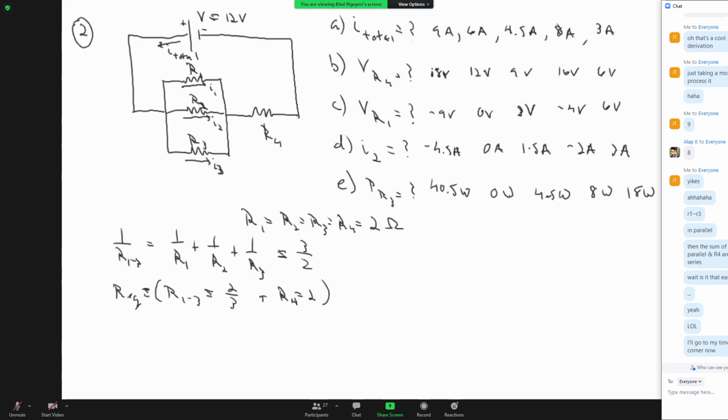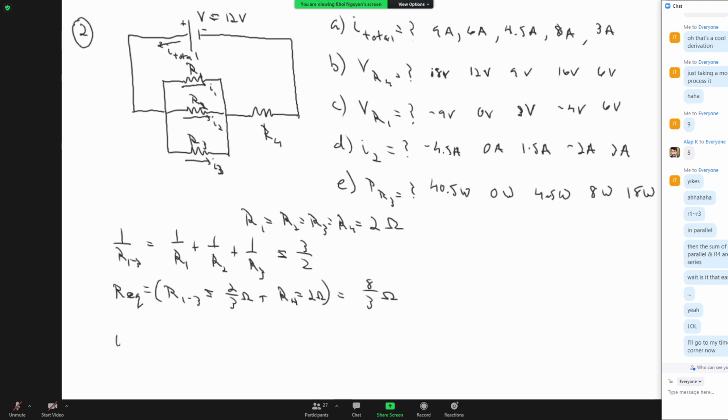It's okay. Everyone makes mistakes. That's why we're here to learn. So REQ is simply the sum of the R1 through 3, which we got as 2/3 of an ohm, and you add it to R4, which we know is 2 ohms. So 2 and 2/3, or 8/3 of an ohm, to make it an improper fraction. So how do we find I total?